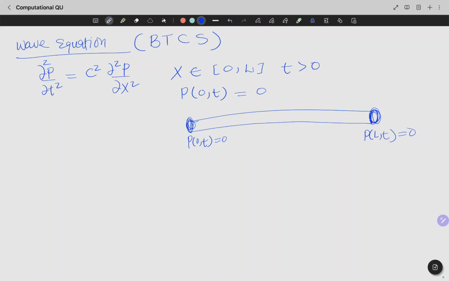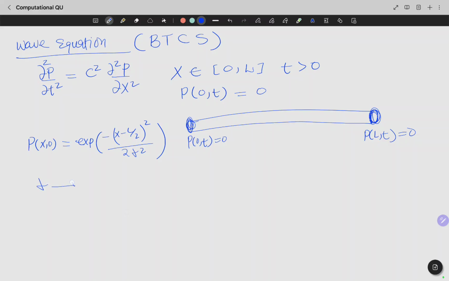Now let's have an initial condition P. So let's write it here. P of x comma 0 equals, let's assume it's some Gaussian kind of a thing, exponential, or I can say exp open bracket minus x minus L over 2 squared, for example, over 2 sigma squared.